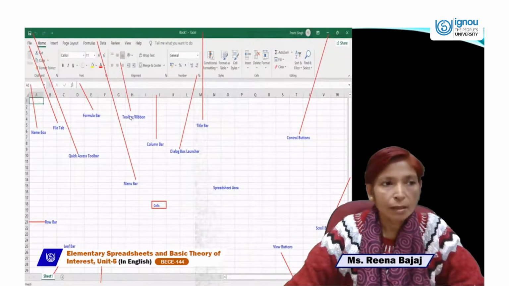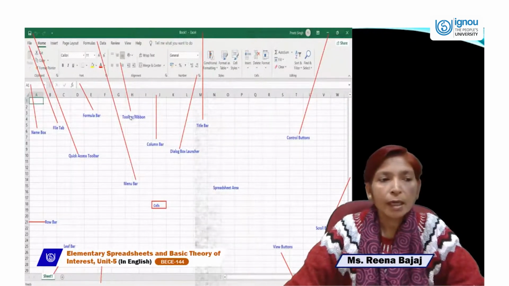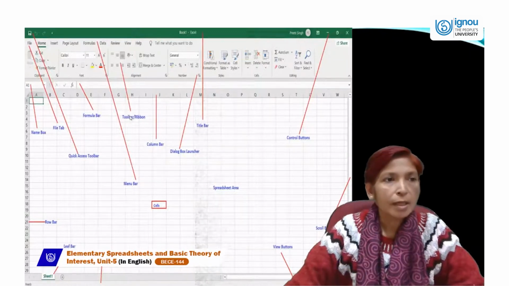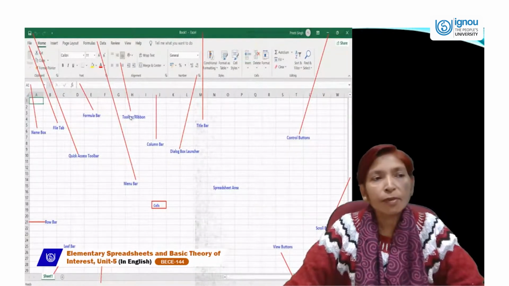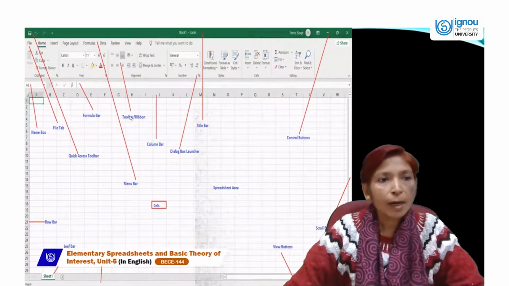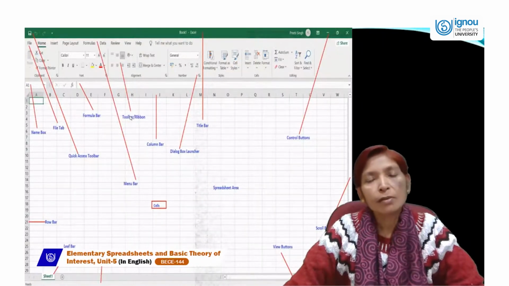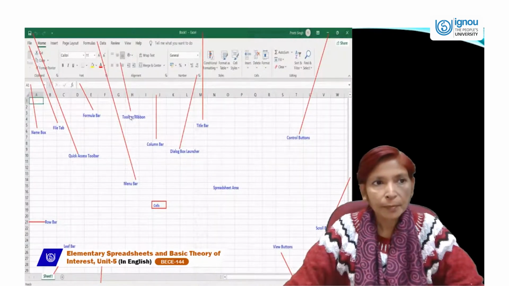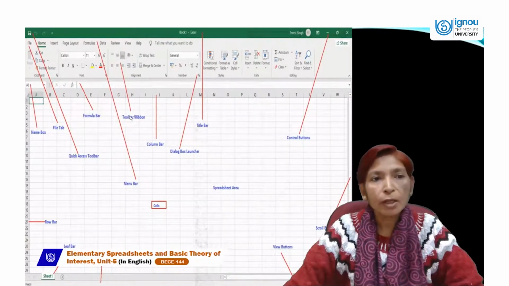Next is A1, the name box, where we can give a name to the first column or first box. Next, the upper portion of the file is called the quick access toolbar. Next is the formula bar, where fx is given. And where formulas is written, that is the menu bar.